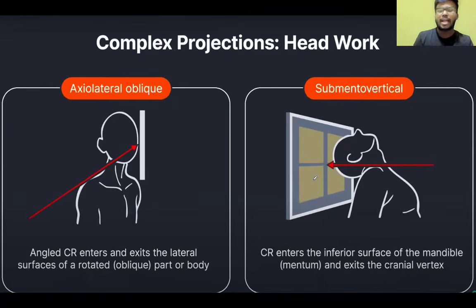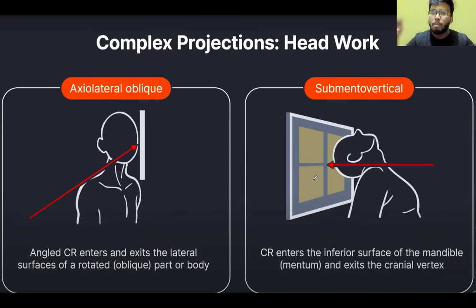Then axiolateral oblique. Oblique means rotated part or body. Lateral means the central ray enters through the lateral surface and exits through the opposite lateral. Axial means angulated projection. So axiolateral oblique means an angulated projection enters through the lateral surface and exits through the opposite lateral through a rotated part or body.